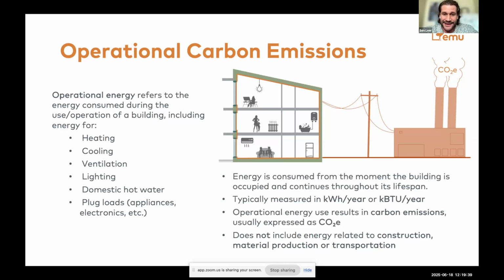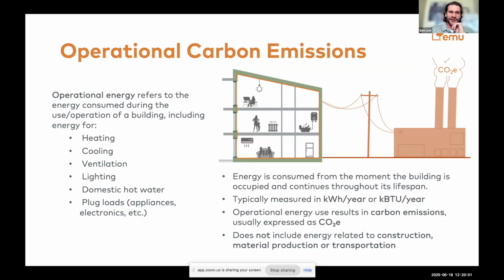Operational carbon does not include any of the energy related to the construction of the building, the materials used in that building, how they're produced, or how they're transported. So Passive House is really good at looking at this one specific part of our energy use, and we can really reduce our operational energy if we go towards this standard.